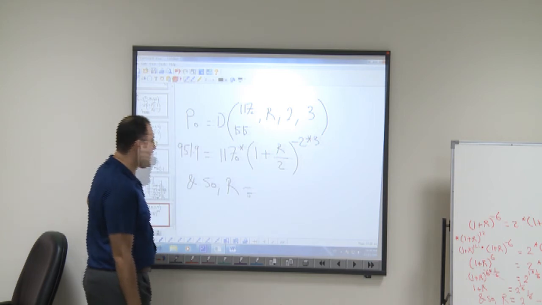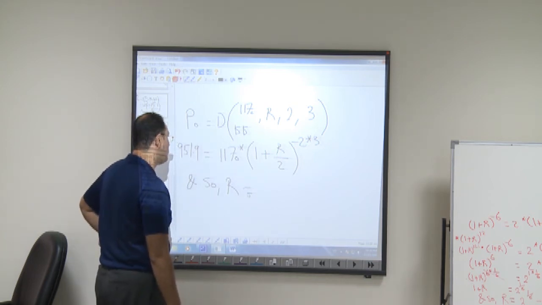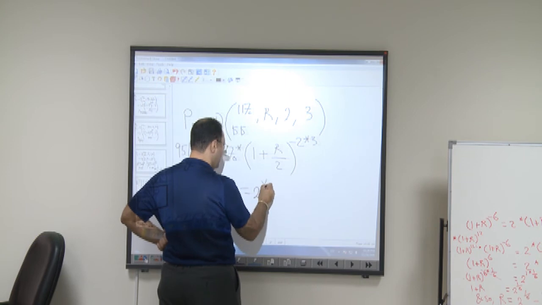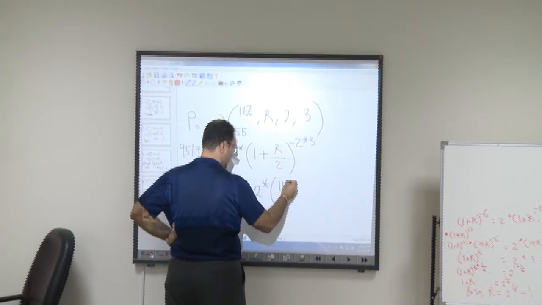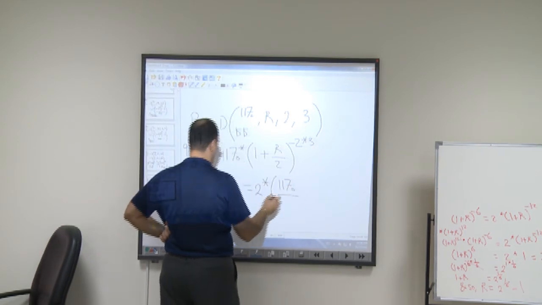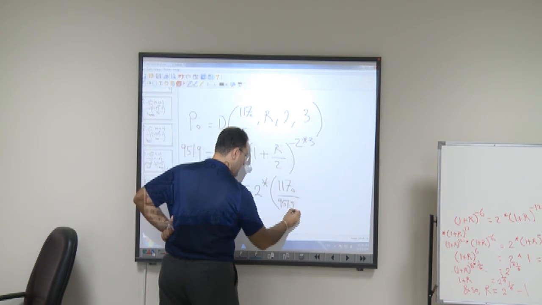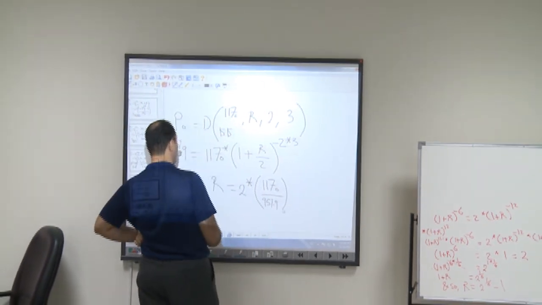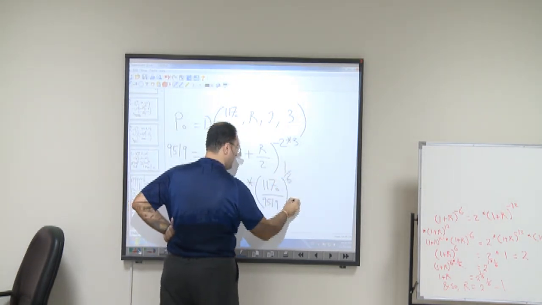So it's going to be 2 times 1170 over 951.9 to the power of 1/6, minus 2.